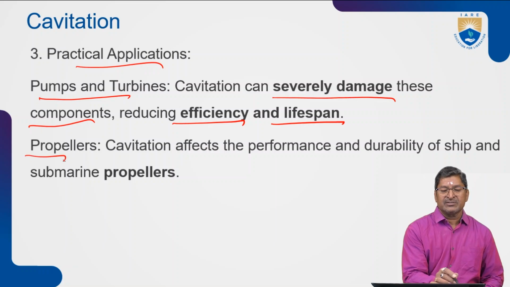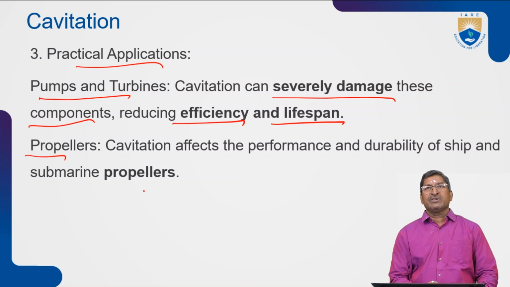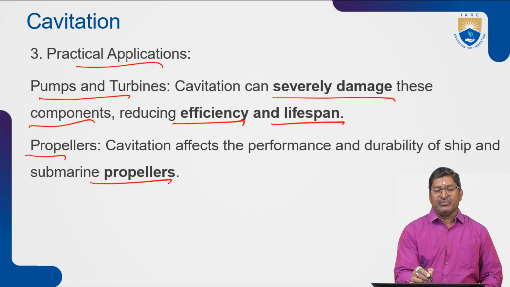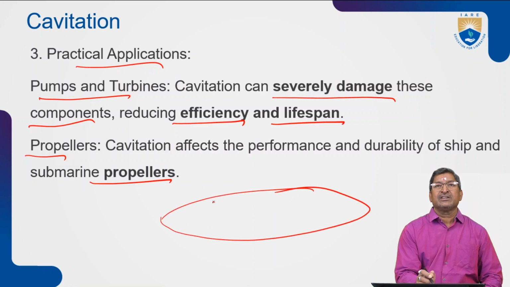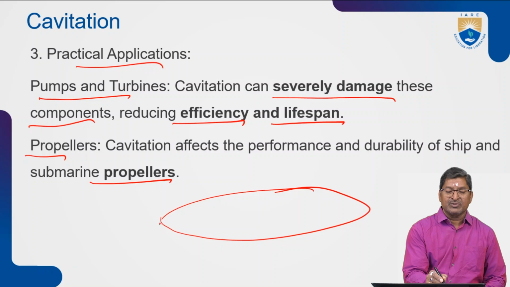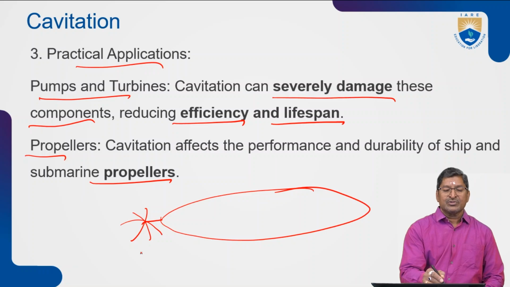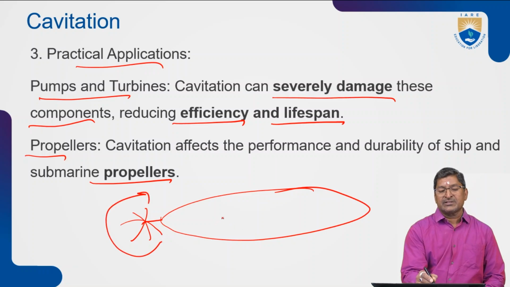Then propellers. Cavitation affects the performance and durability of a ship. I already told you about the propeller. If there is a turbine, for example a submarine, some fan will be there and it will rotate so that the submarine will move.